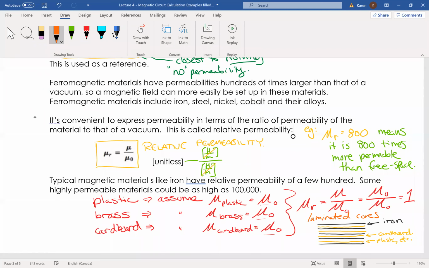And that is because there are these little eddies that get developed, and you want to minimize the eddies, okay? Because a lot of weird stuff happens. So you make laminated cores, and the laminated cores are trying to put spaces.